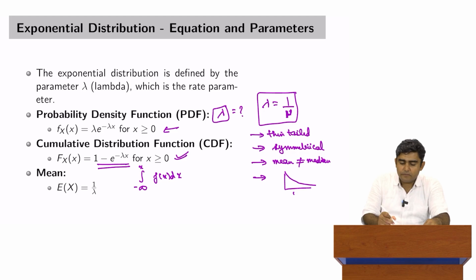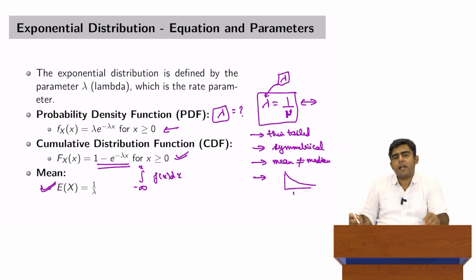As I said, mean of this distribution is 1 by lambda. So expectation E[x] is 1 by lambda, and the parameter of this distribution in this case is lambda, and variance and mean of this particular distribution are also related to the single number lambda.